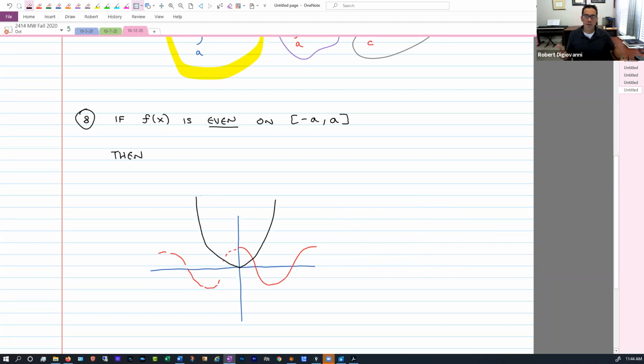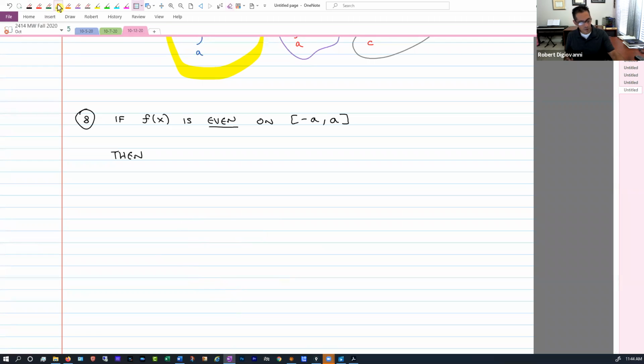So if your function is even, all right, let me erase all this. If your function is even, and you're integrating from negative A to A, that's different. We're not going from A to B, but if we're going from negative A to A, and you know that the left-hand side is a reflection of the right-hand side, then would you agree that the area here in yellow should be equal to the area here in green?